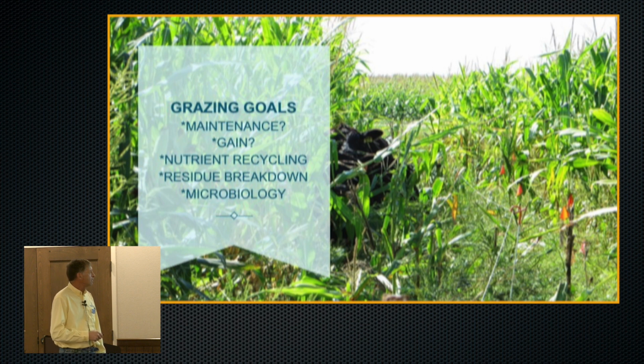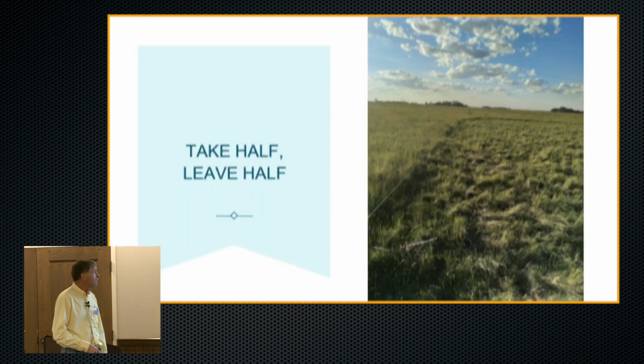And then finally, putting livestock on the ground just helps to improve and speed up the building of that soil microbiology. You've got a lot of microbes that are coming out through the feces, through the urine, through the saliva that help to build those populations.